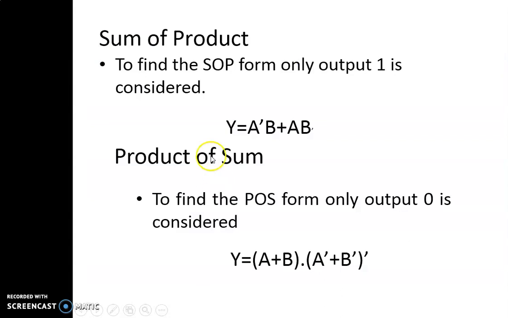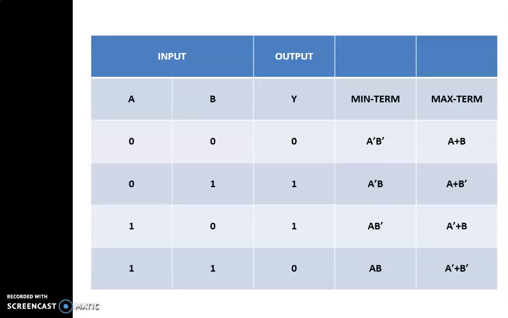The next two forms are sum of product and product of sum. To represent the sum of product and product of sum, again we can consider the same truth table, and we have to consider the output column. In order to represent the SOP form, we consider ones in the output column, and for POS form we consider zeros in the output column.